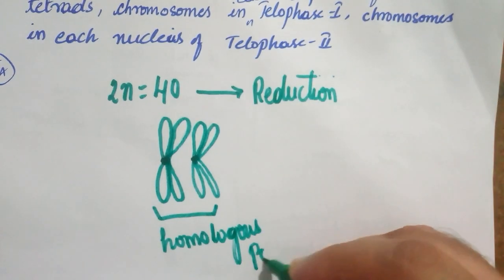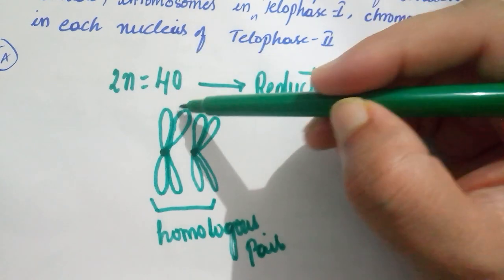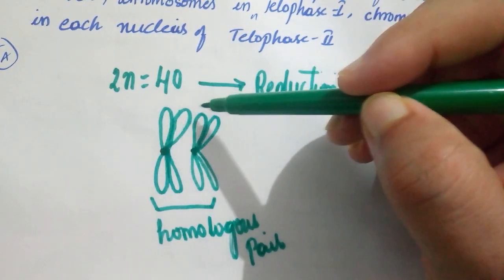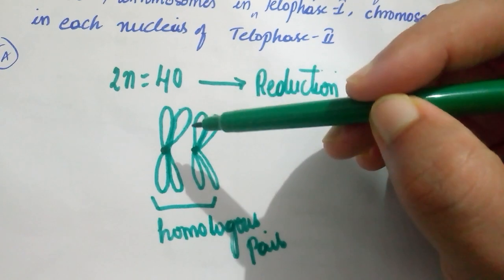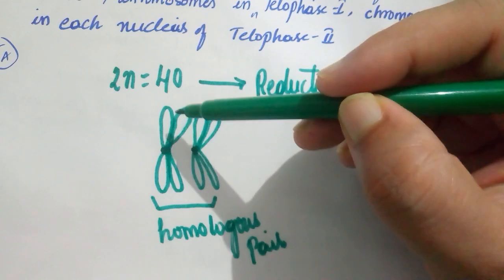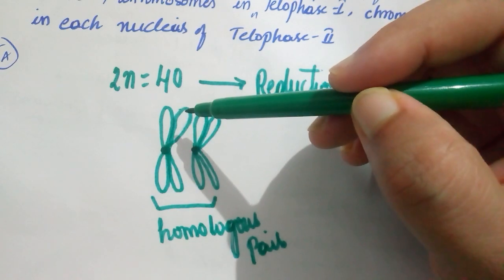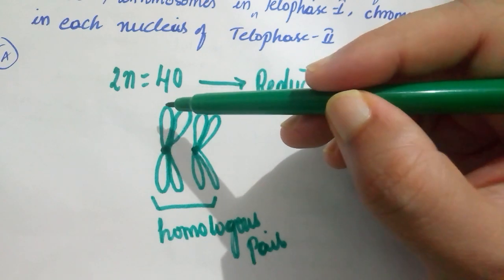Now this homologous pair is having two chromosomes which are similar in their structure, arrangement of the genes, everything. They form a homologous pair. Now each homologous pair in the S phase, one chromosome will undergo replication and it will form two chromatids.